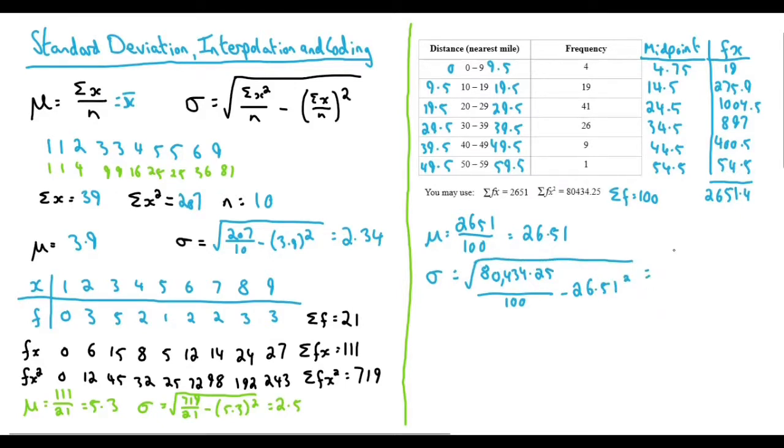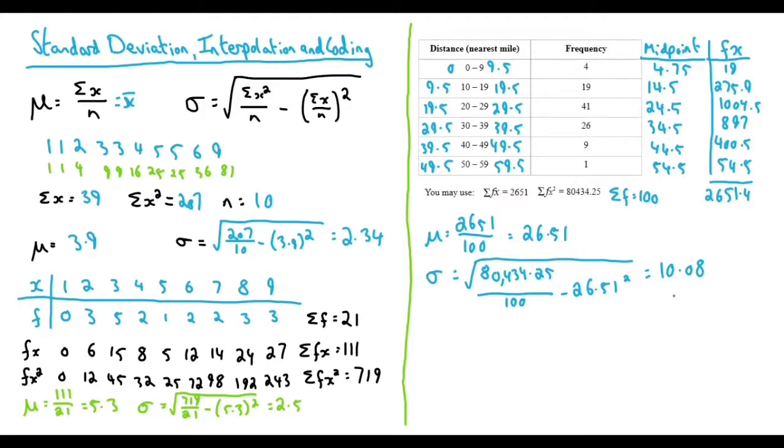And if you put that in your calculator, you're going to get a value of approximately 10.08, which I've just done to 2 decimal places because that is the number of decimal places that we had for our mean. If you wanted, though, you could round that to 10.1 or so forth. Whatever degree of accuracy you feel is appropriate, assuming the question hasn't specified how many decimal places or significant figures you should be giving your answers to.